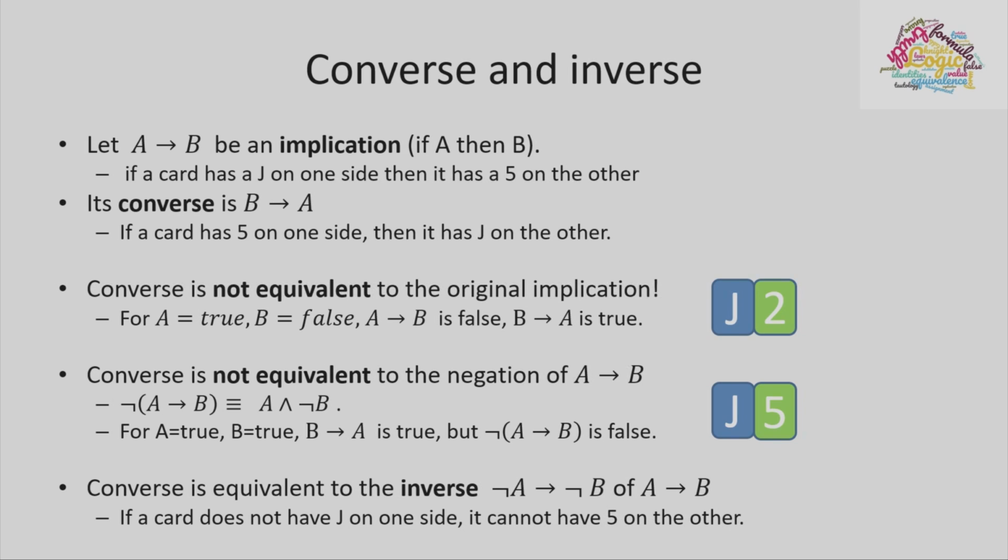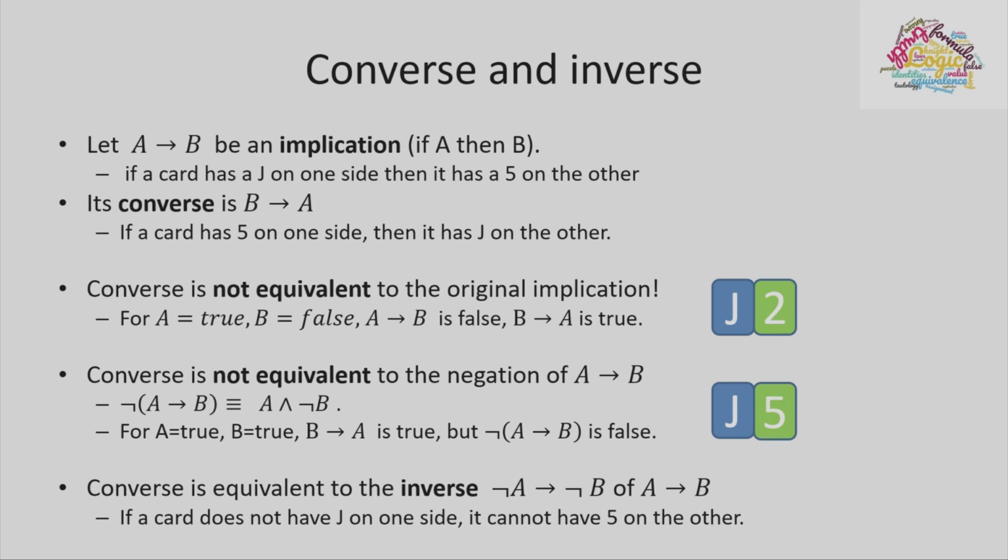And if contrapositive had exactly the same truth table as the original implication, the converse doesn't. Because if you have A being true and B being false, then A implies B is false. However, B implies A is true.